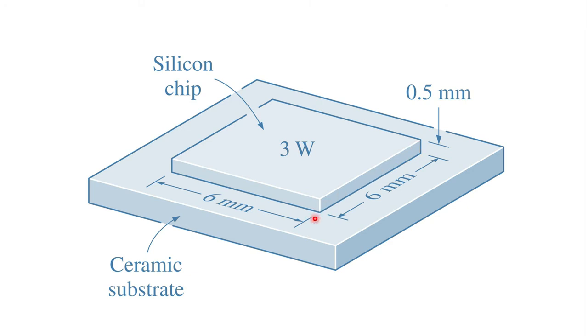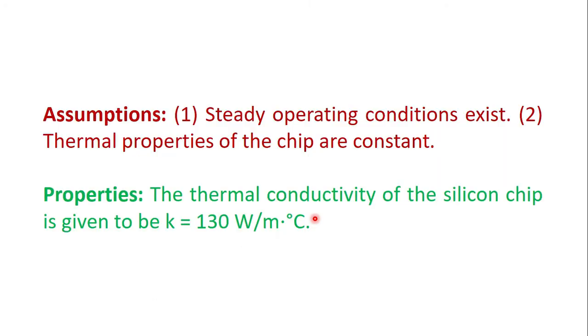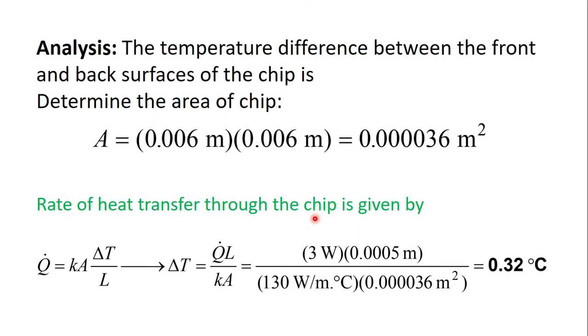In order to determine it, let us take some assumptions: steady operating conditions exist and the thermal properties of the chip are constant. The property we need to solve this problem is the thermal conductivity of the silicon chip, which is 130 watt per meter per degree centigrade.